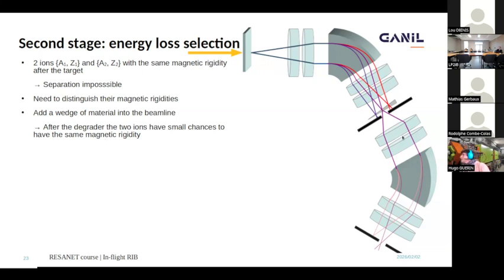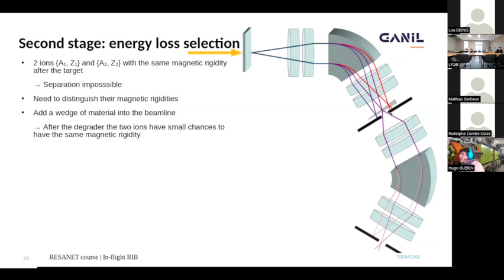That is explained here on this picture. You have your first selection. Here are the slits. I did not mention that, but if you do the selection by dipole, you also need slits to select the ions you want.